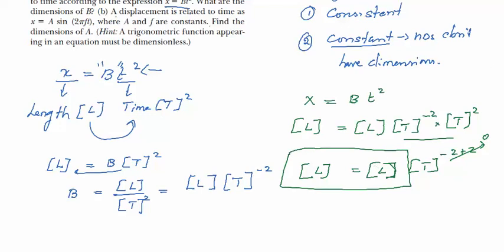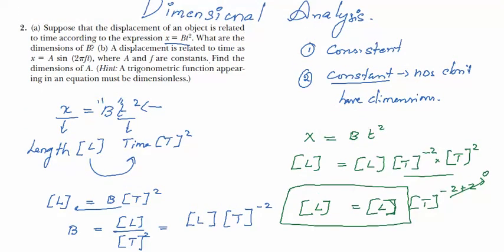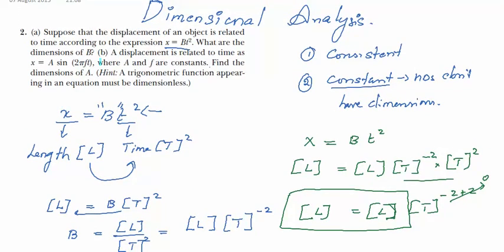Now, moving on to the second part. The second part is dimensions related to time as x equal to a sine 2 pi ft, where a and f are constants. Find the dimensions of a. Hint: trigonometric functions appearing in an equation must be dimensionless.